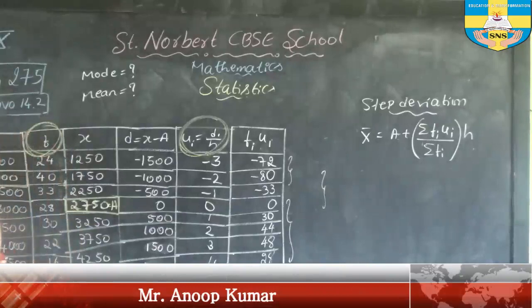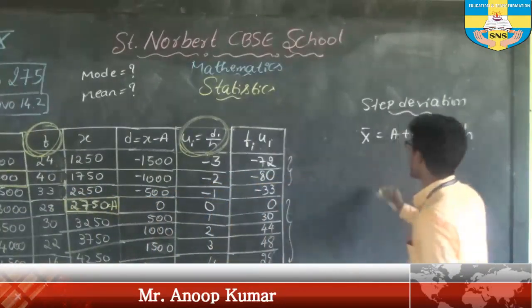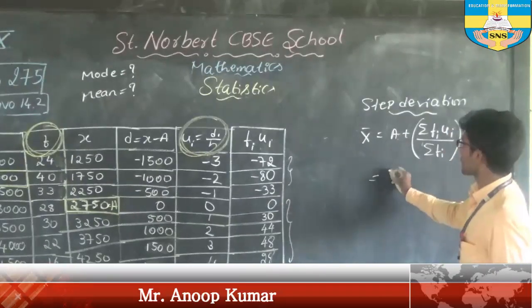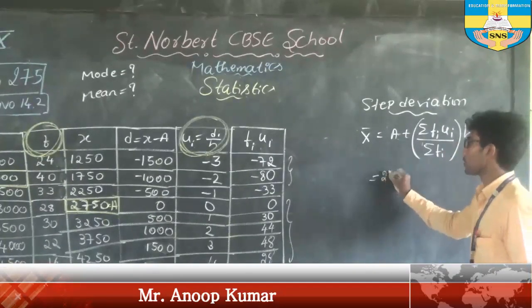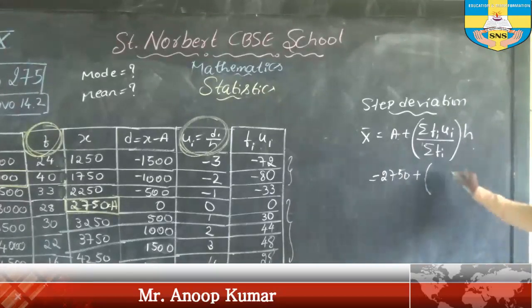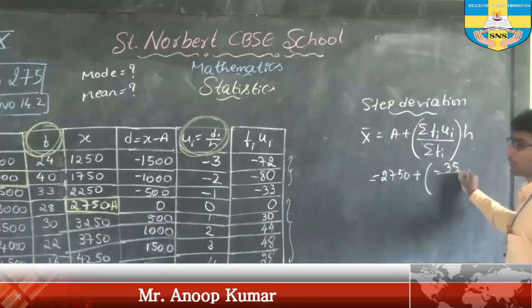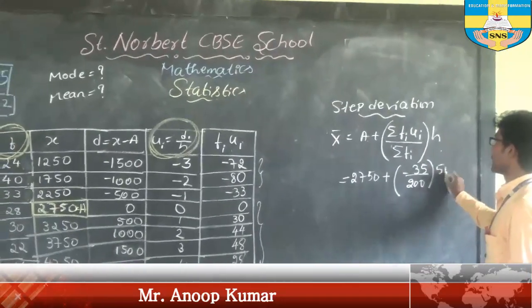Now, if you substitute these values in the formula, you will be having the mean of the grouped data. This is a. What is the value of a here? 2750 plus minus 35 divided by 200, into 500.